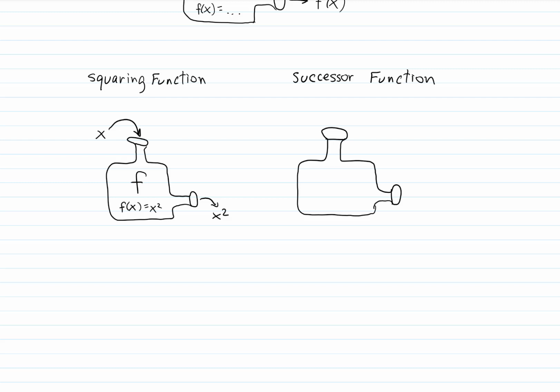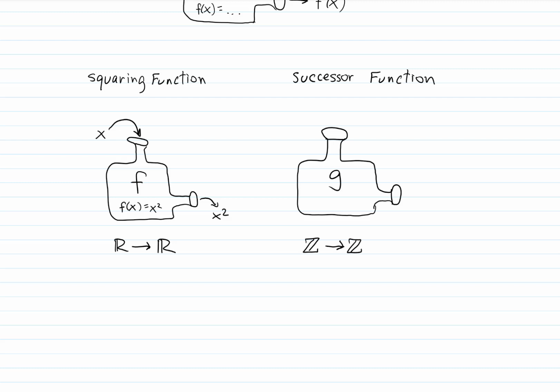For the successor function, you could have the domain be all real numbers, but that's not the way the successor function is usually used. The domain would be natural numbers, or if you want to go even bigger, integers. So that means whole numbers. So the squaring function goes from R to R. The successor function goes from the integers, we do that with a capital Z, to the integers.